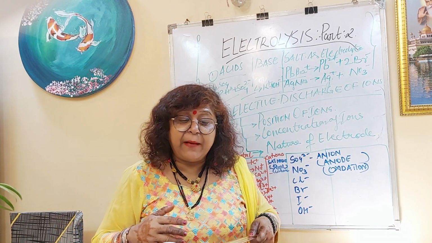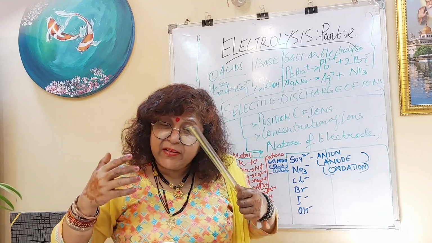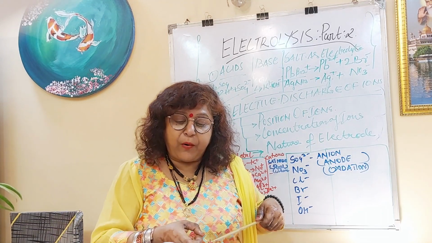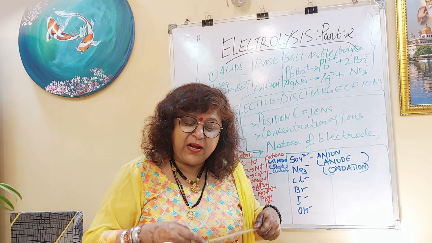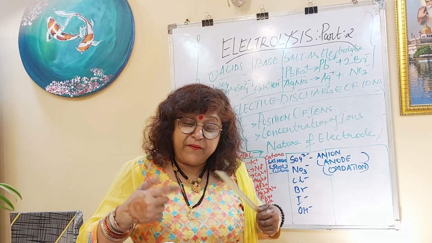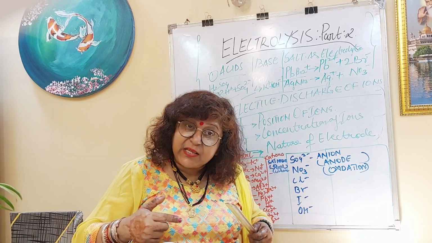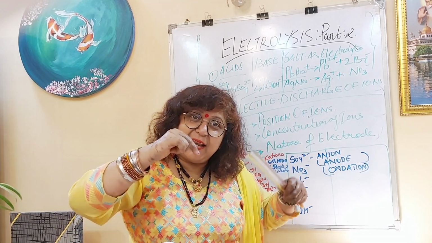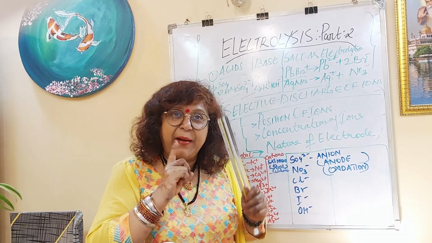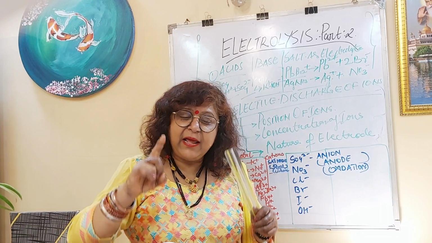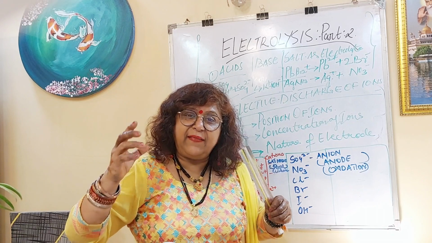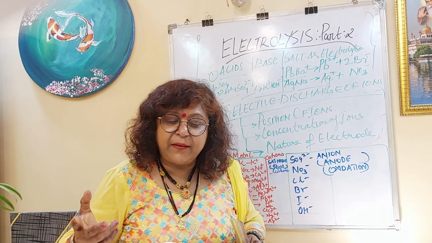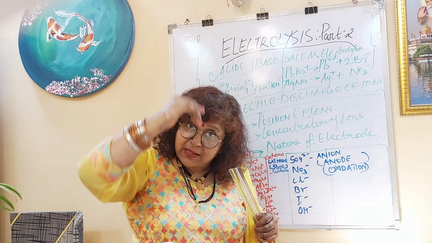And then what happens? The tendency with which these positive ions are discharged at the cathode by the gain of electrons to form a reduced one increases on descending the electrochemical series. That is, the metal forms a cation, the cation goes to the cathode, and at the cathode it gains electrons to form a neutral atom, and this increases going down the series.